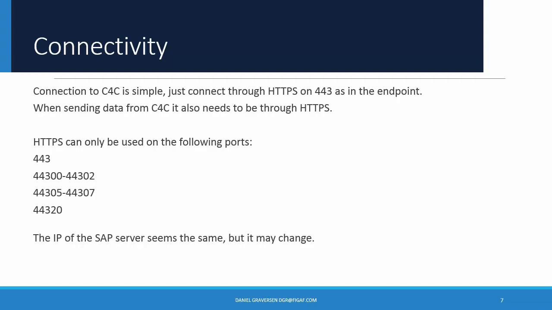The IP that the server is using seems to be the same, so you could put a filter in saying it's only when these come here. But I would say within systems like that, you're not sure if that IP address would change at some point and how you're going to deal with that. So probably find a better way of making this.